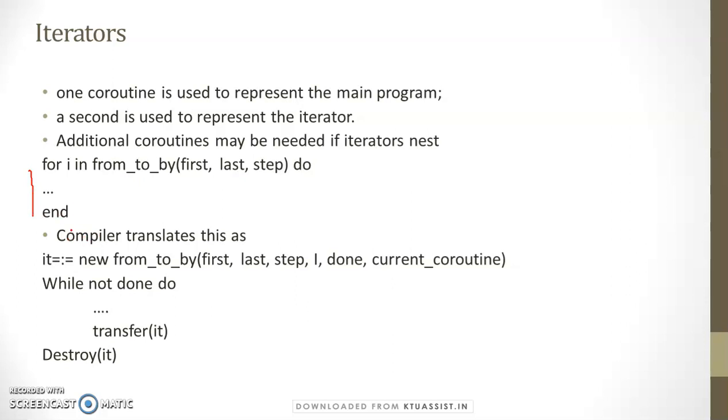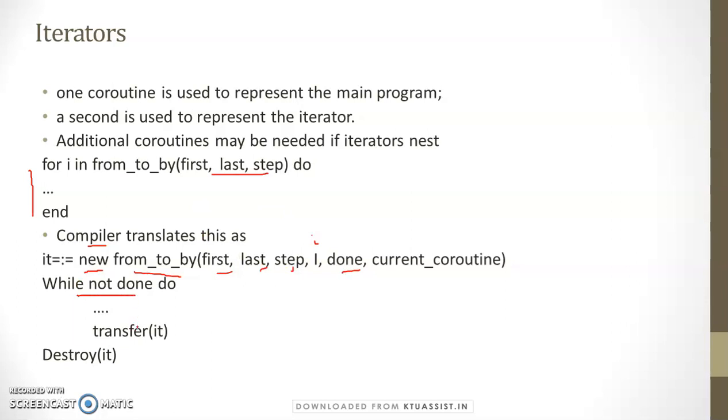If this for loop statement is translated by the compiler, it is like allocating a space using new, with from, to, by, that is first, last, step. These are the parameters that are given. Then this is I, then done. So it checks whether it is complete or not, whether the condition is satisfied or not.